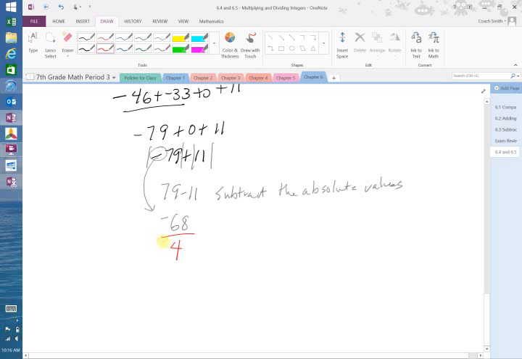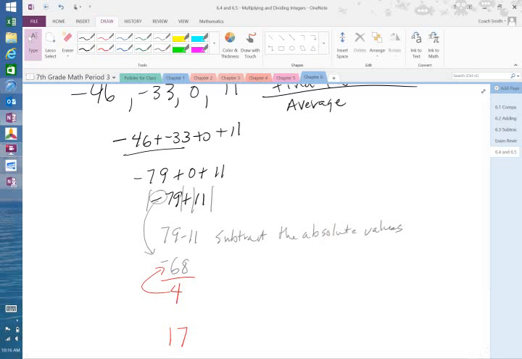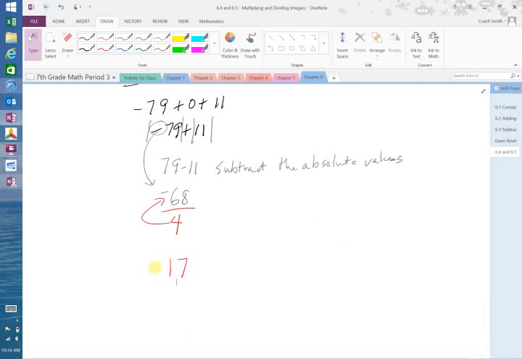You divide 4 into 68, you get 17, but I have one negative sign. There's no way that it could be 17 either, because 17 is larger than my largest number that was given. And so it has to be negative 17 because of that one negative sign. I have to bring it down into the answer. So the average or the mean of that data is negative 17.